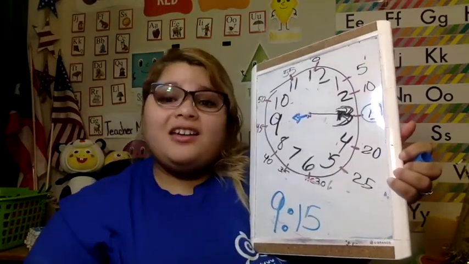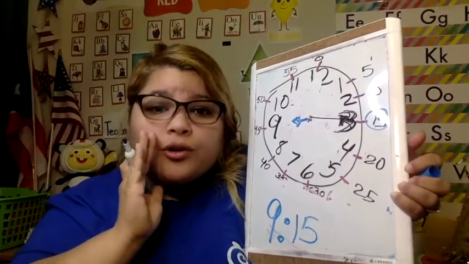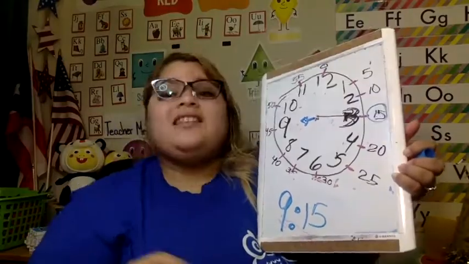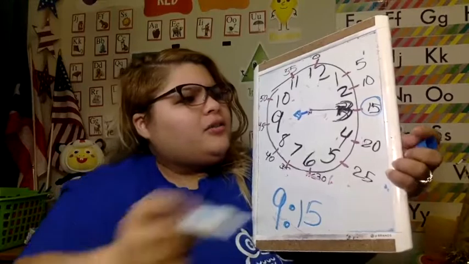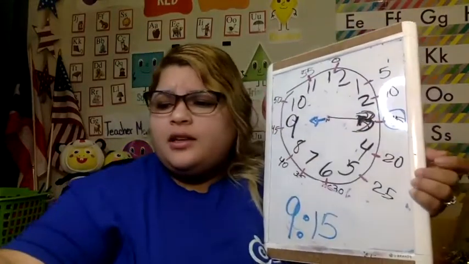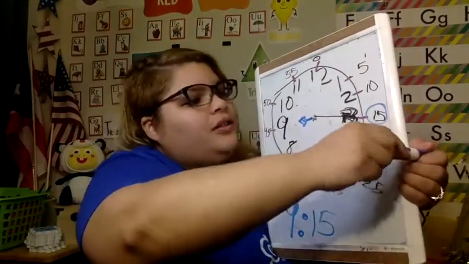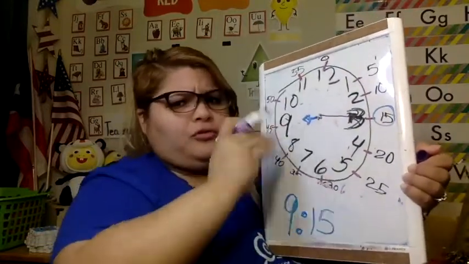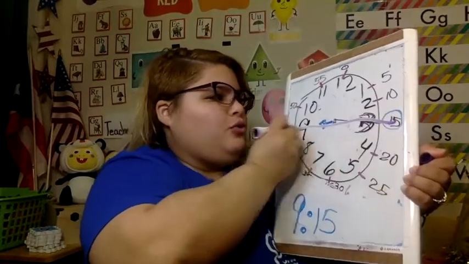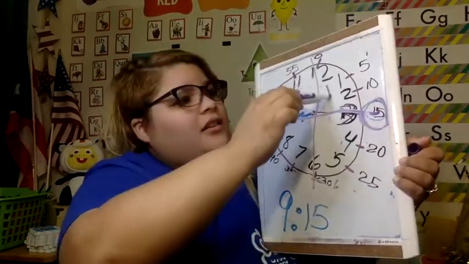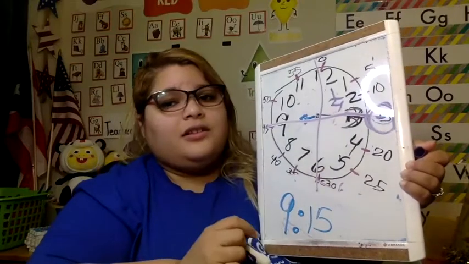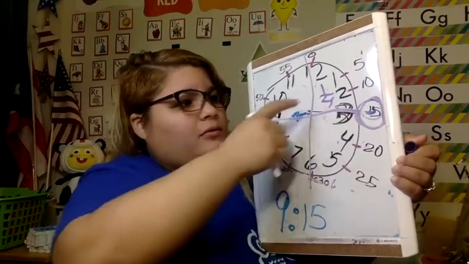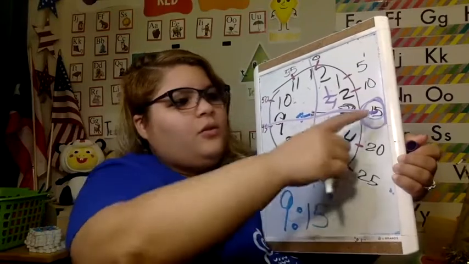So it's 9:15. A quarter past 9. It's called that because if you would divide the clock like a pizza, like this, this is a quarter because there are 4 pieces. 1, 2, 3, 4. 1 quarter.